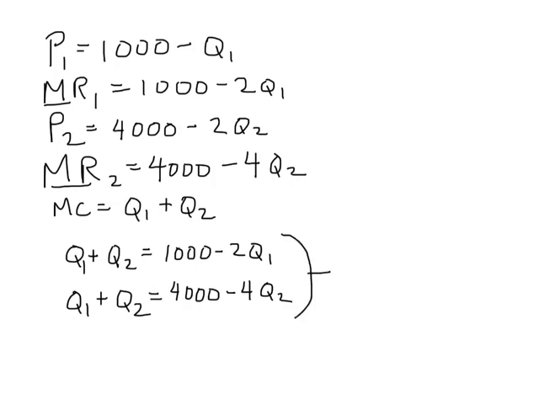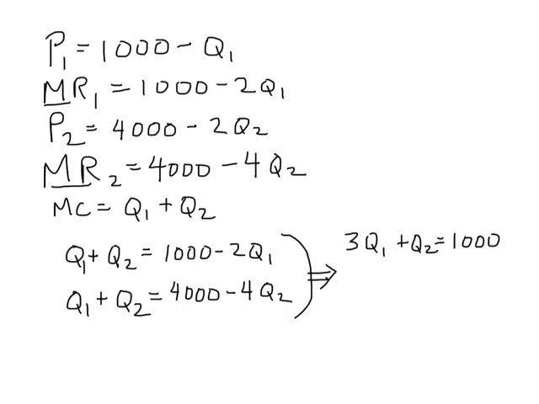Let's convert these so we just have Q1 and Q2 on the left-hand side, and then just have numbers on the right-hand side. So adding 2Q1 to both sides, 3Q1 plus Q2 equals 1,000. And then we do the same for the next equation.